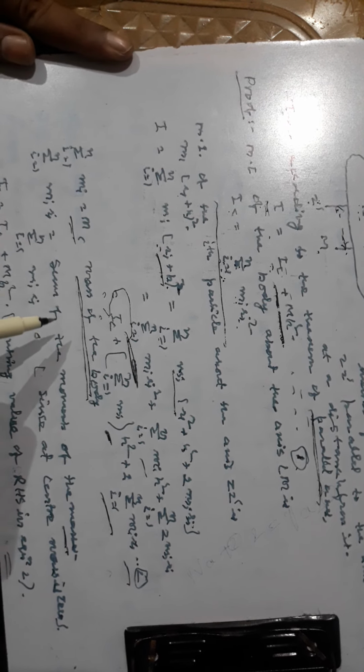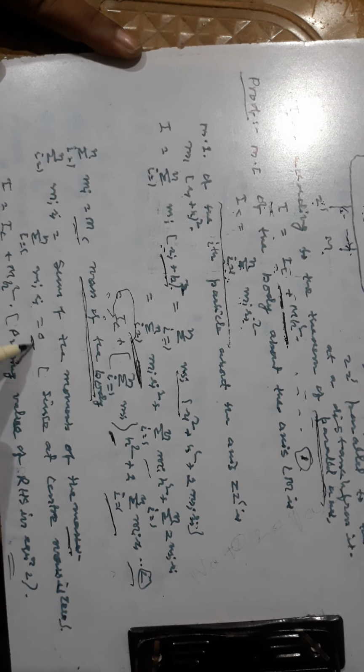Now try to understand. Sigma mi ri is the sum of the moments of the masses. Now sigma mi ri is equal to 0. Why?